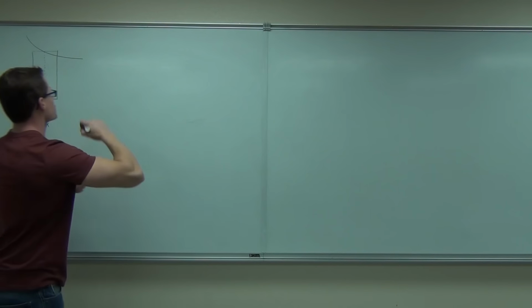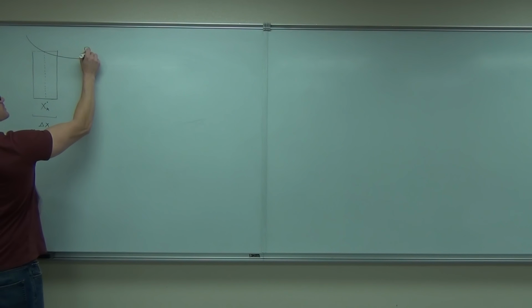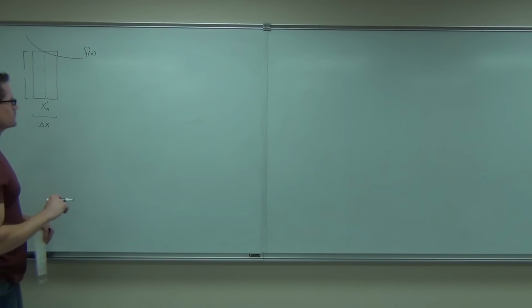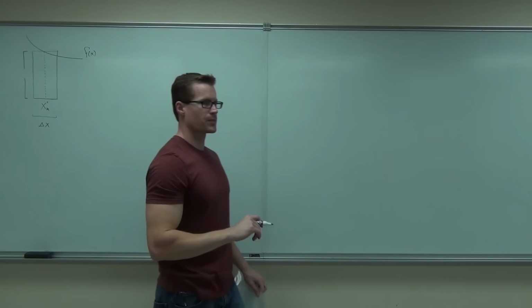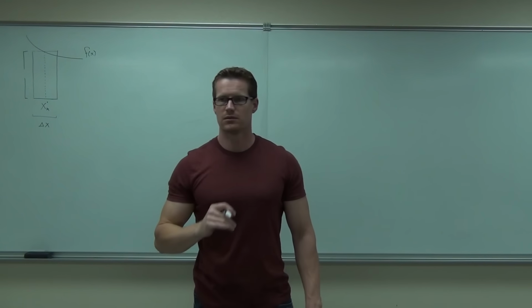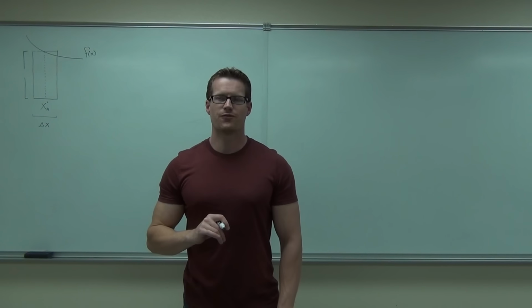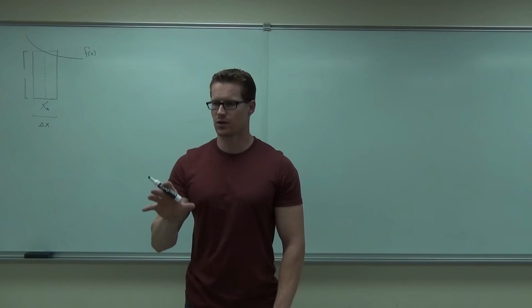So if this is, let's call this f of x. If that's f of x, how tall is that? f of x. Some people, I can tell you, you're a little bit lost on this.